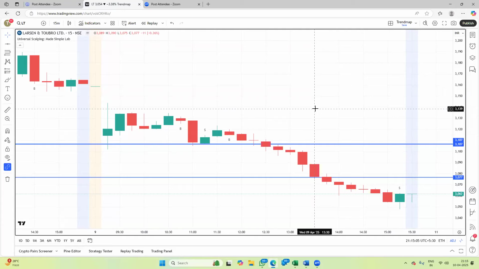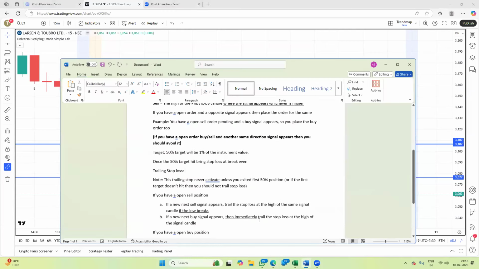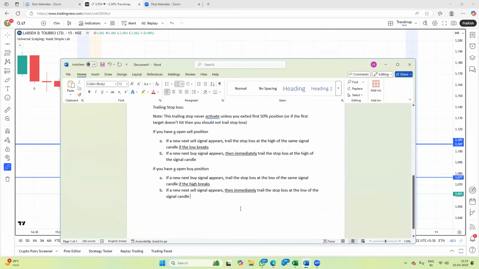Now, after the first target is hit, should I wait for that particular candle to close? The answer is no. Because it's a scalping type, we don't want any profit to go out of our hand.